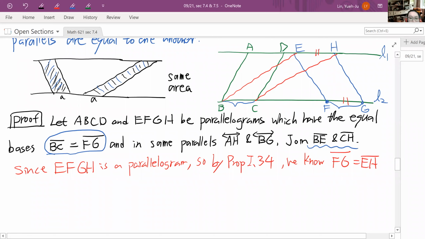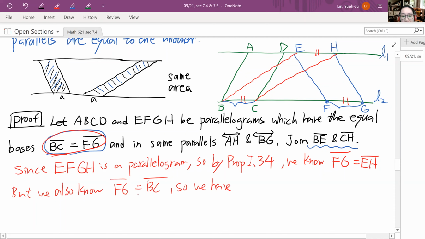But we also know from the assumption that FG equals BC. That's essentially given as the assumption. So BC equals FG, FG equals EH, so BC equals EH.